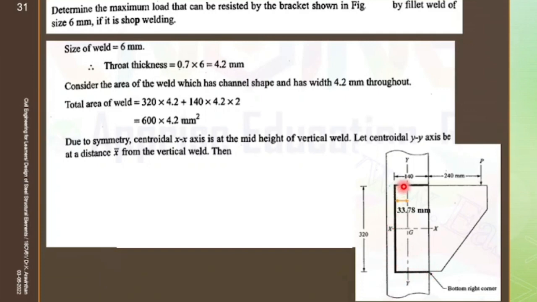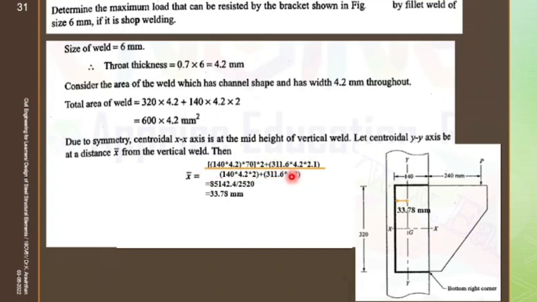So you will get all the area divided by A1 plus A2 plus A3. This is what I have done here. X equals A1 x1 plus A2 x2 plus A3 x3 divided by A1 plus A2 plus A3. If you have two sections, for example an L section, how many areas will come here? Two areas. You have length and you have height. That's all.